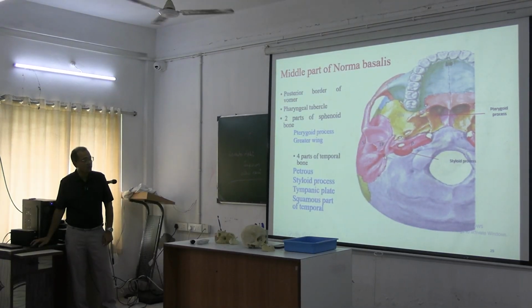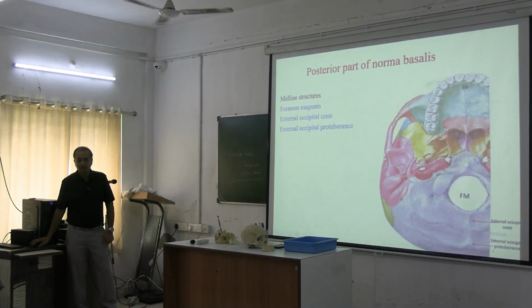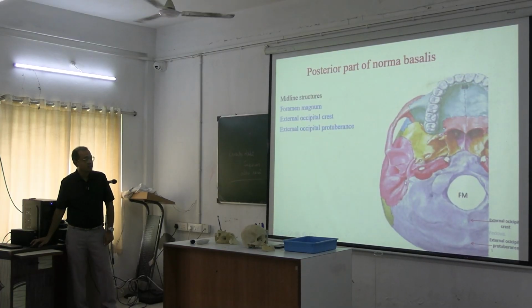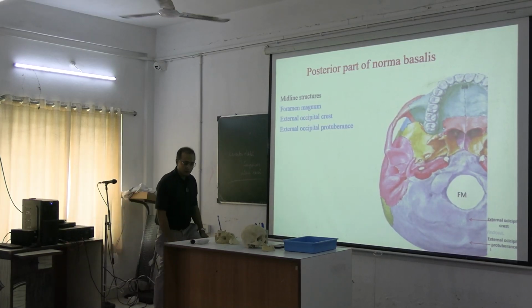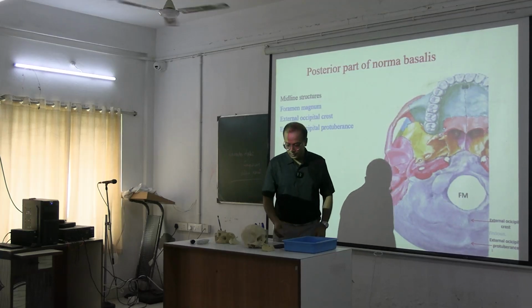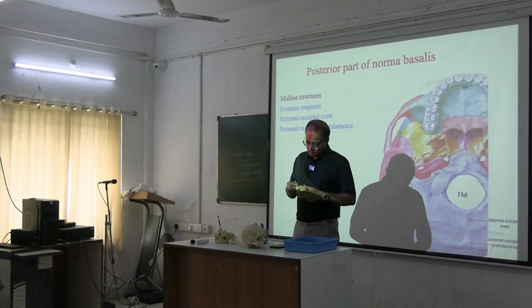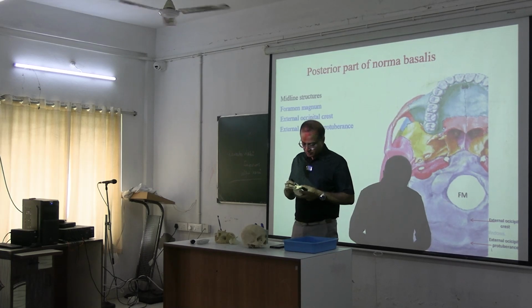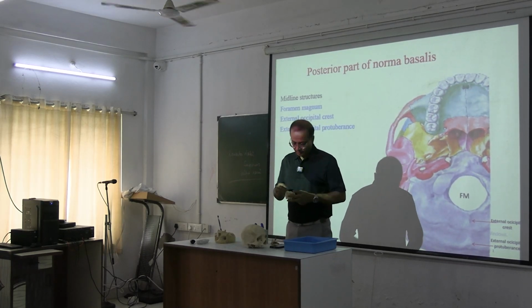This tiny opening, where I place the cursor, we call the stylomastoid foramen. You should know this foramen and what transmits through it: a small tiny nerve, the facial nerve.